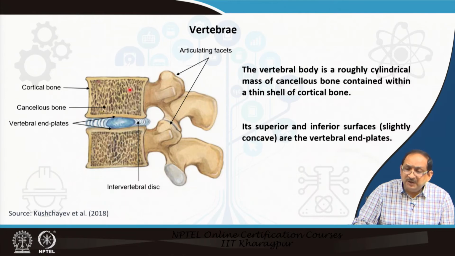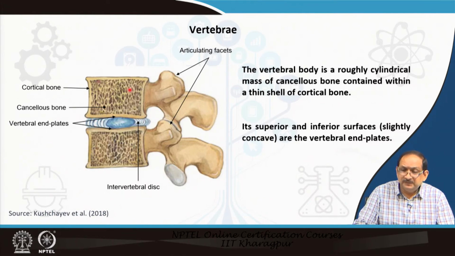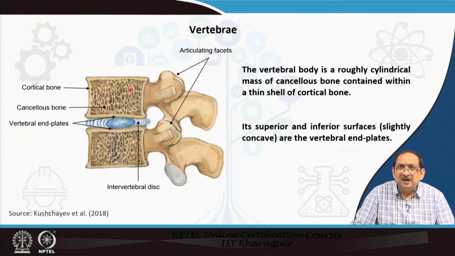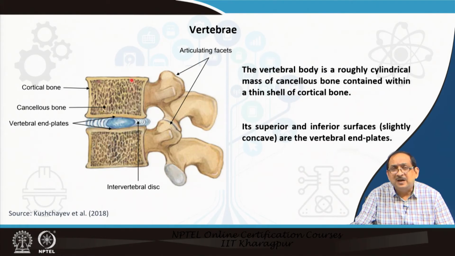The vertebral body is actually a cylindrical mass consisting of a core of cancellous bone contained within a thin shell of cortical bone.